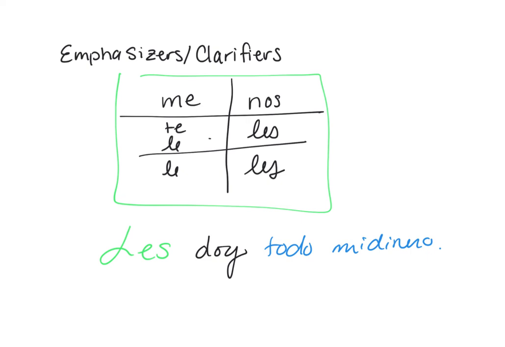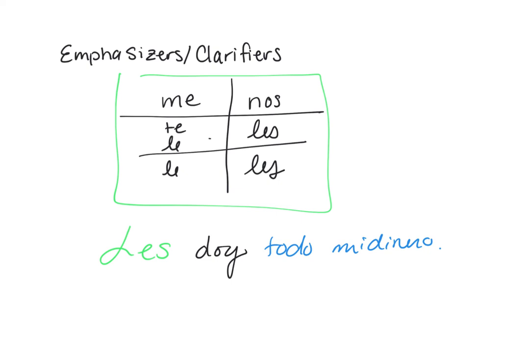It could be ustedes, right? I could be saying, I give all my money to you guys. Or I could be saying, I give the money to Juan and to Elena. Or I could be saying, I give them to all of the ladies in the world. You can't tell. It's super vague.